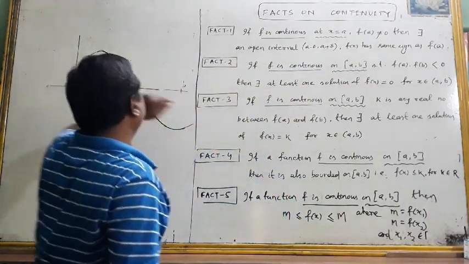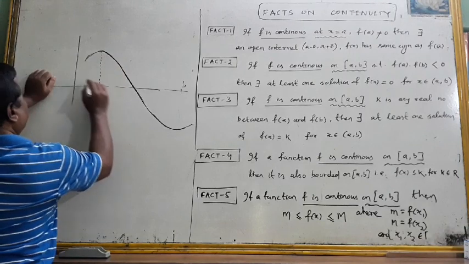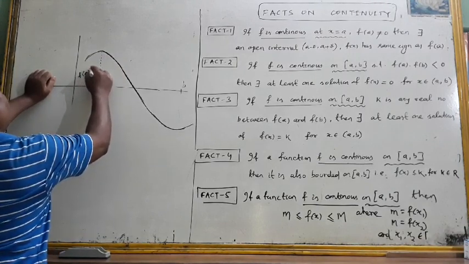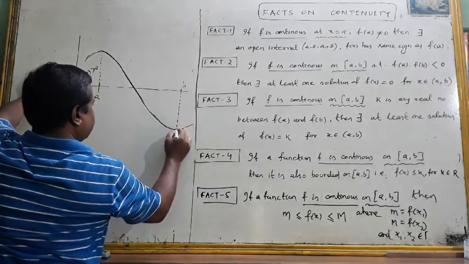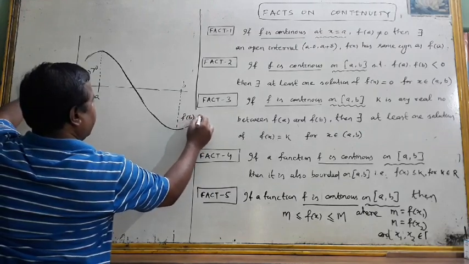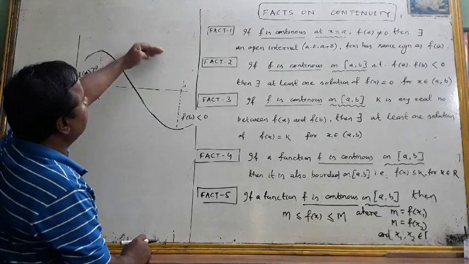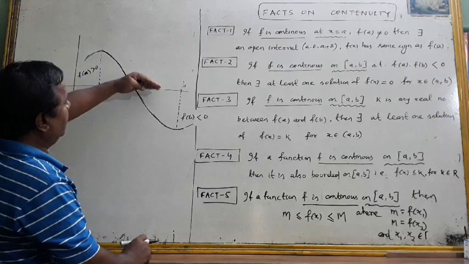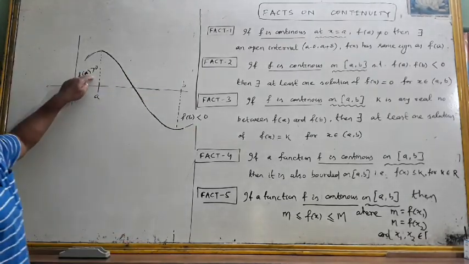So what is f(a)? Suppose here f(a) is positive. What is f(b)? f(b) is negative. This is the y-axis. Above this line the values are positive, and under this line the values are negative.